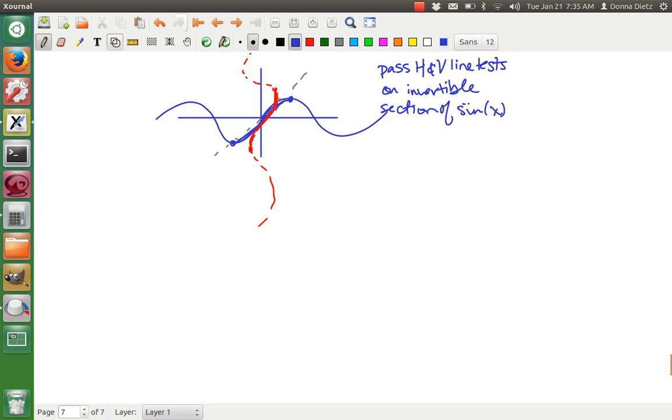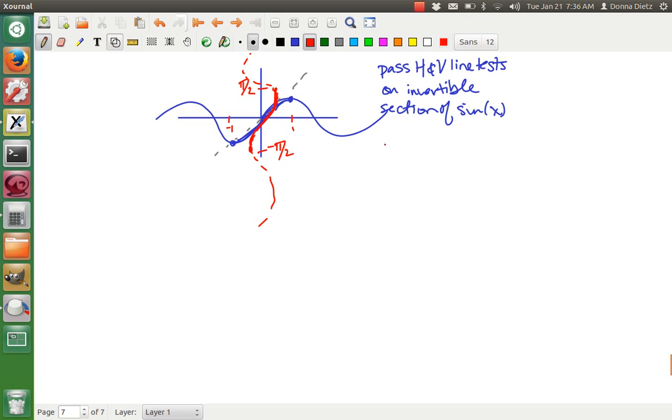So we pick a piece that can be inverted, and then we invert it. And so what we have here is, since this goes from minus pi over 2 to pi over 2, then this is pi over 2 and minus pi over 2. Okay? And since this was 1 and minus 1, this is just going to be 1 and minus 1.